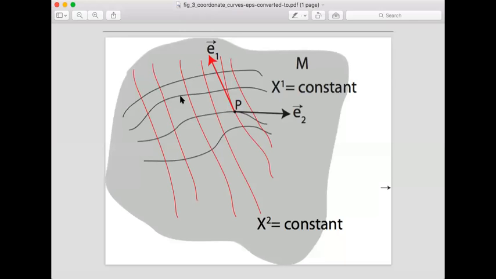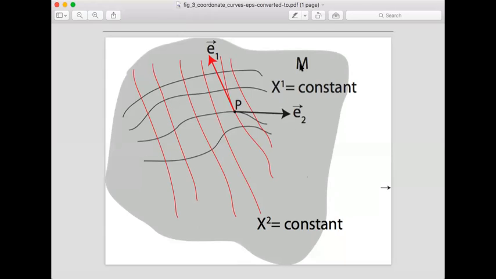So now I'm sharing the little window which is showing coordinate curves. I've made my manifold again, which is just the surface. It looks more like a blob, but it's a surface in 2 dimensions labeled M for manifold.